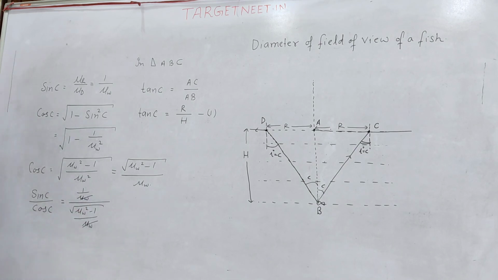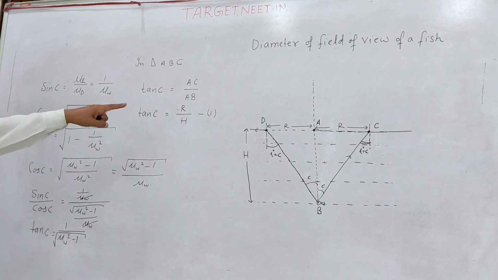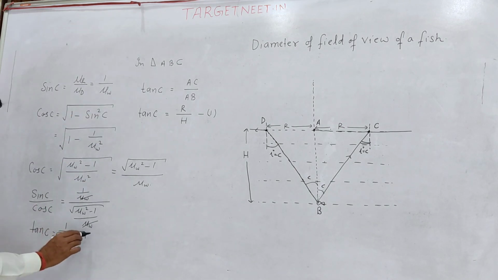This gets cancelled. So tan C is 1 upon square root of mu of water square minus 1. This is tan C, and tan C is this R by H also.